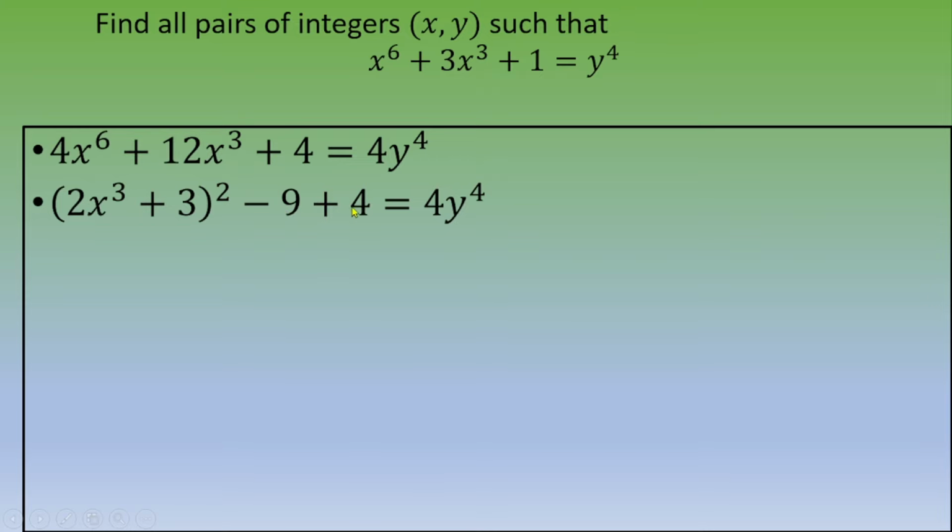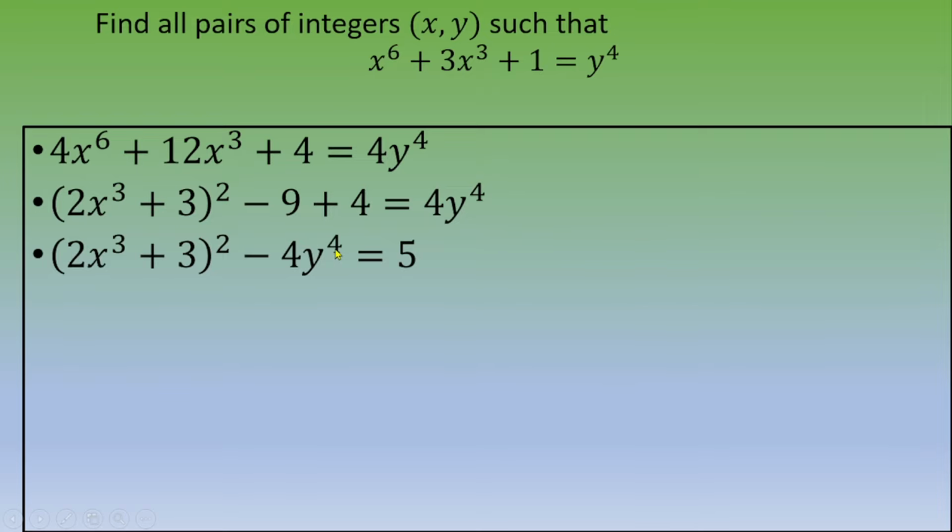So plus 4 equals 4y to the power of 4. Then if you do the math and you put this quantity on the other side, you end up with 2x cubed plus 3 squared minus 4y to the power of 4 equals 5.